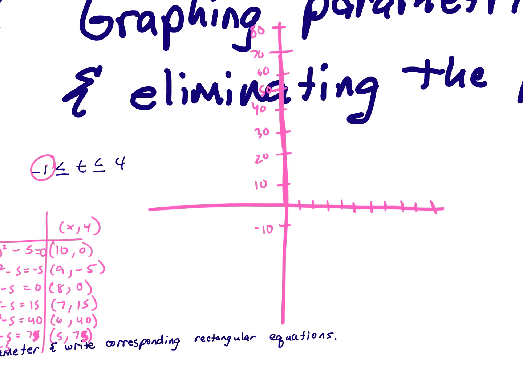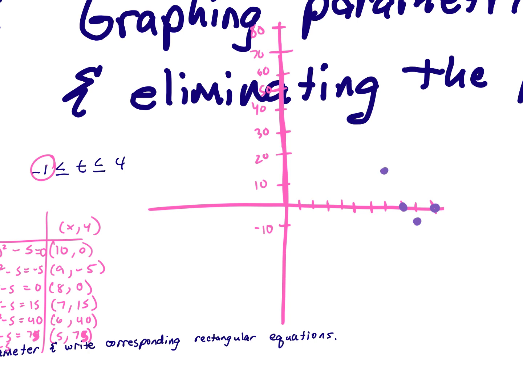So my first point is 10, 0, so I'm going to go to the right 10. Stay at 0. Then to the right 9, go down to -5. And to the right 8, stay at 0. To the right 7, go up 15.